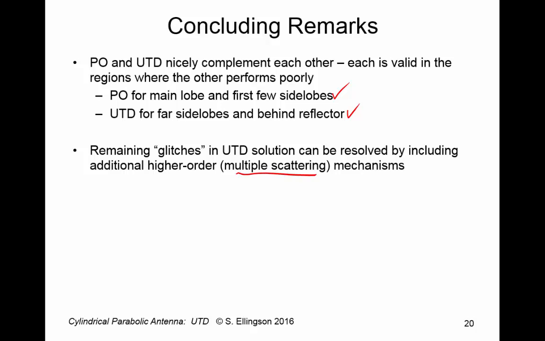So, for example, we saw here that we could eliminate a glitch by including a double diffraction term, a term in which we diffract from one edge and then diffract from another edge and then radiate. We also saw a case in which we could probably do better by including the curvature of the surface, which we neglected.